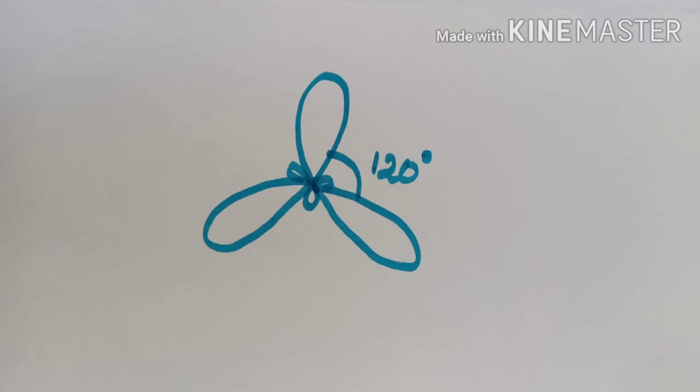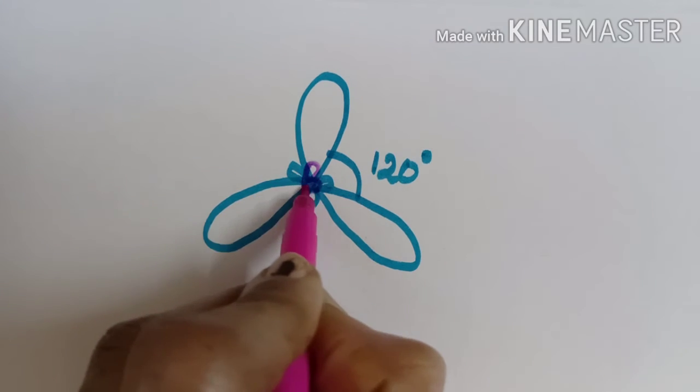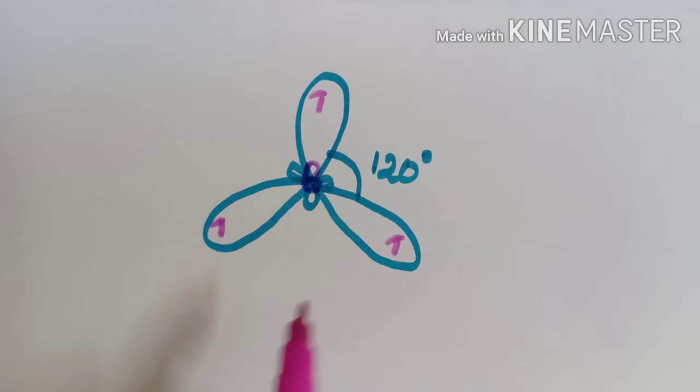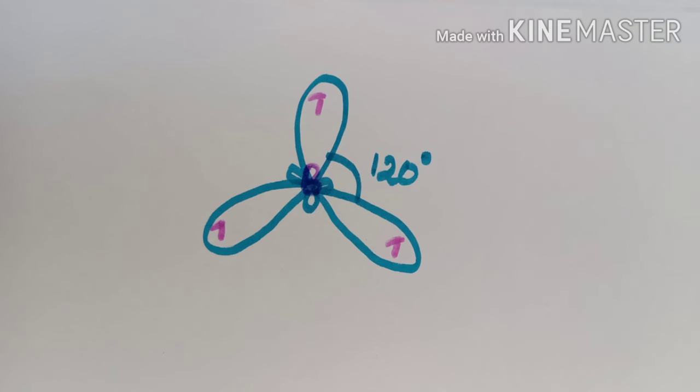This is the structure of boron. Boron is having 1 electron in each, and that is combining with 3 fluorine atoms. Fluorine again belongs to the halogen family. It is in the 17th group. So the valence electron will be occupying a p orbital.